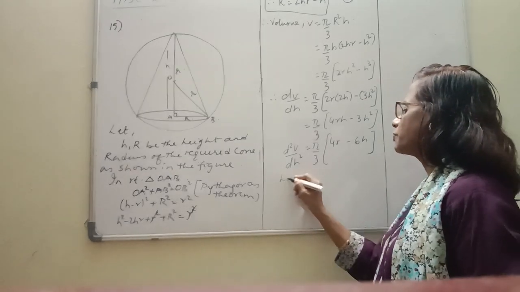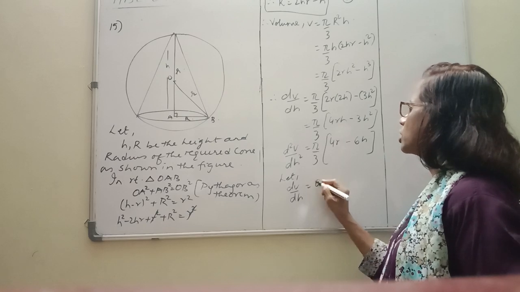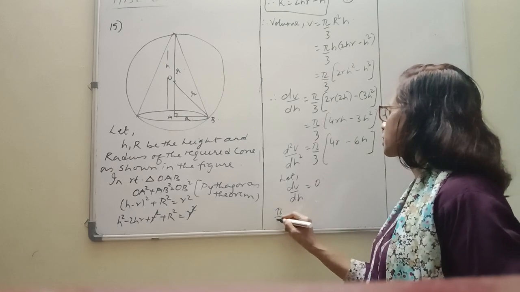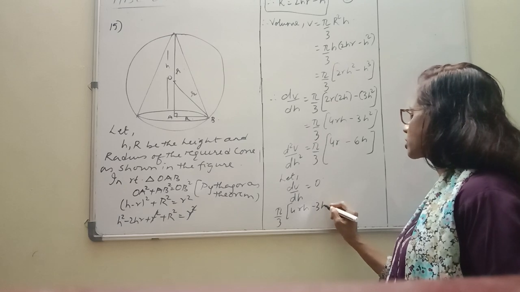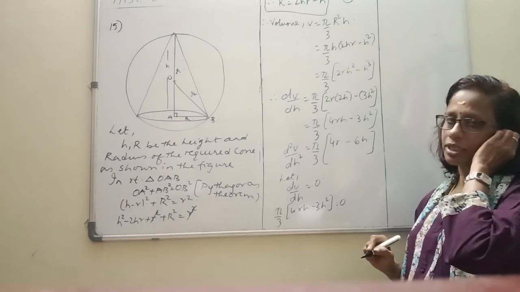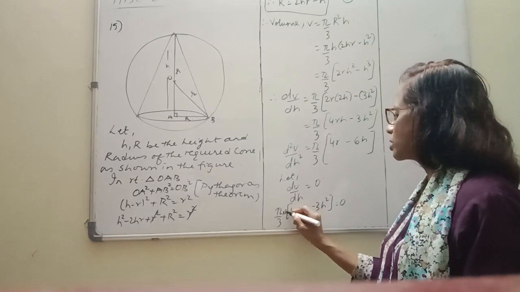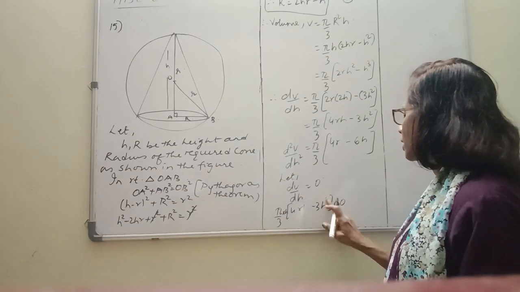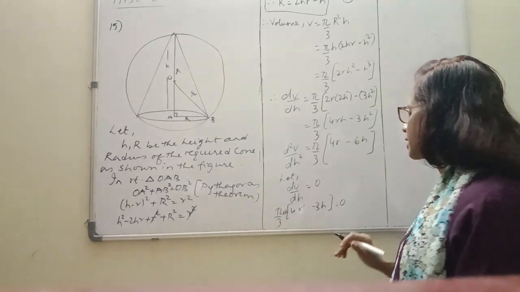Now we need to find the critical point, so for that let's make dV over dh zero. That's pi over 3 times (4rh minus 3h squared) equal to 0. It's very clear to us that h is a non-zero quantity, so you can take the h out and divide throughout by pi over 3 h, so that this gets fully eliminated.